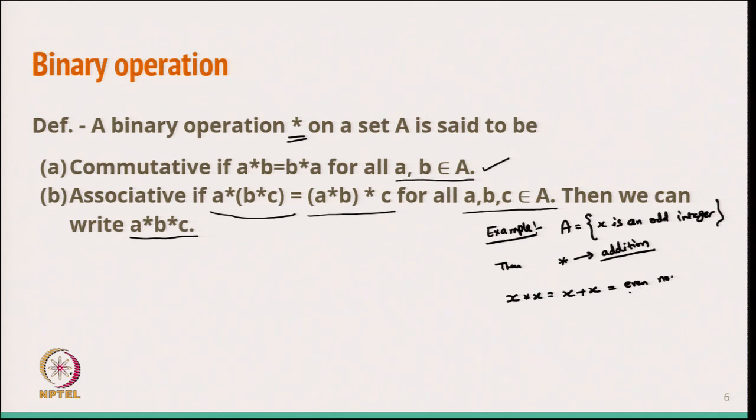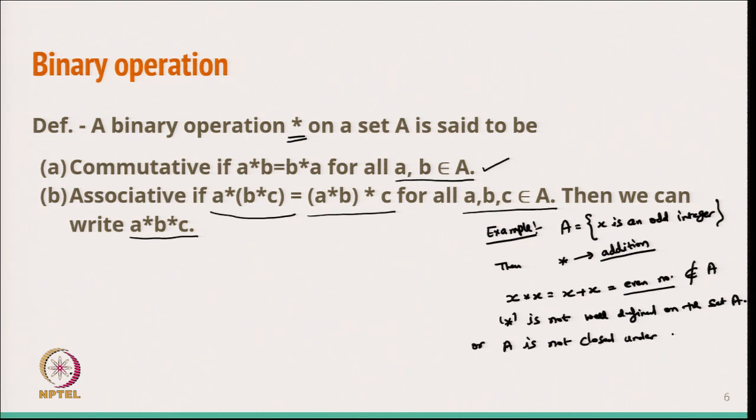So this does not belong to A. From here I can say that this binary operation star is not closed, or that it is not well defined on the set A, or that A is not closed under addition.